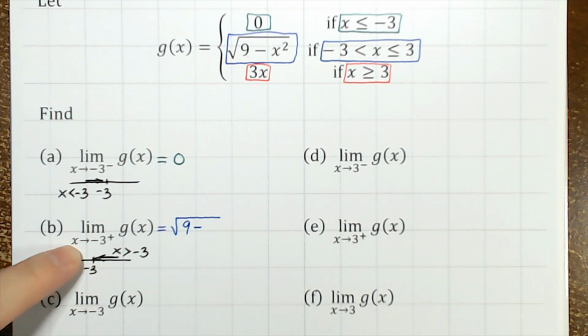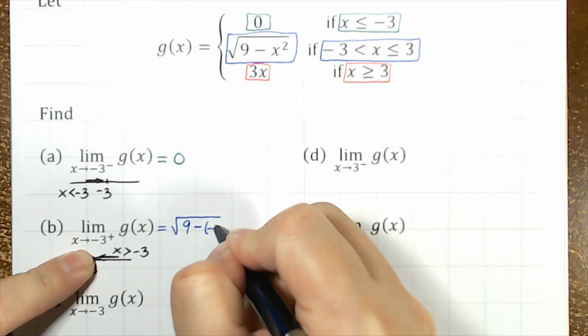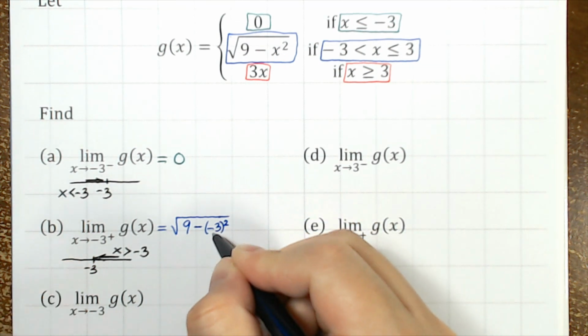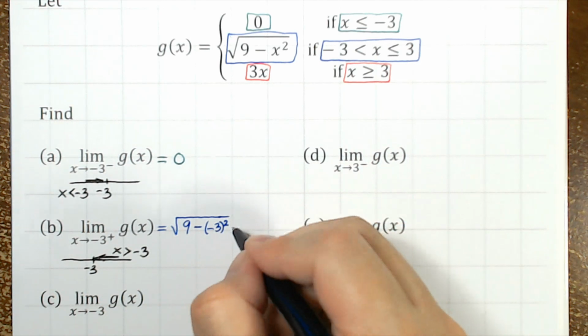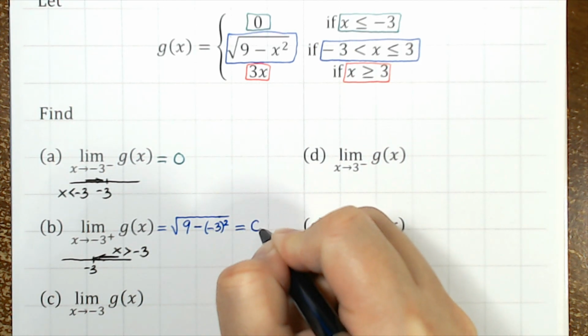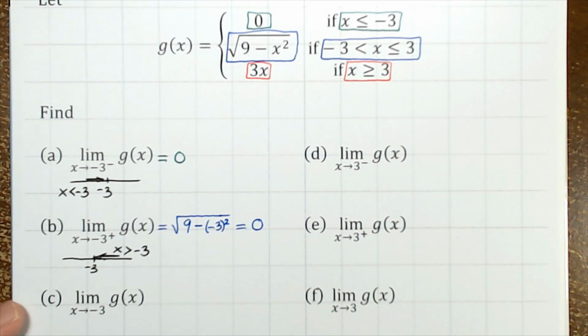And since x goes to -3, we're going to put -3 in for x. So we use that piece of the function, and x equals -3 squared. -3 squared is 9. 9 minus 9 is 0. Square root of 0 is 0. So that's that limit.